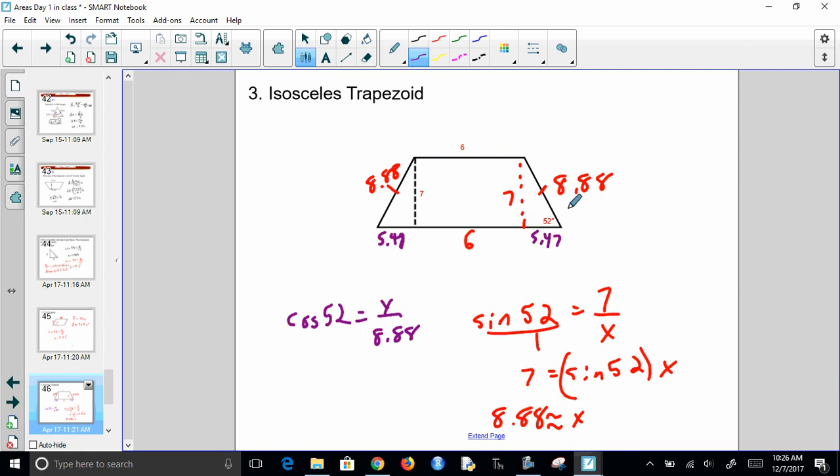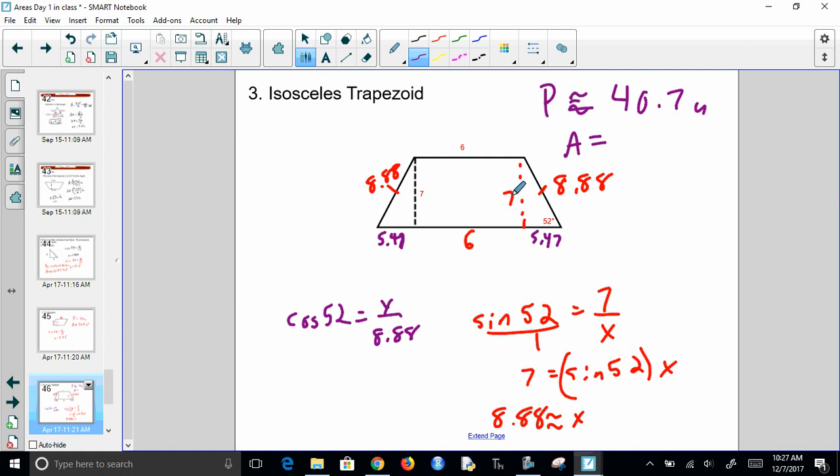So now, to find the perimeter, we'll just add it all up. I got 6 plus 8.88 plus 8.88 plus 6 plus 5.47 plus 5.47. I get 40.7, and that's approximate because we're rounding these. 40.7 units. For the area, we take base 1 plus base 2 divided by 2 times our height.